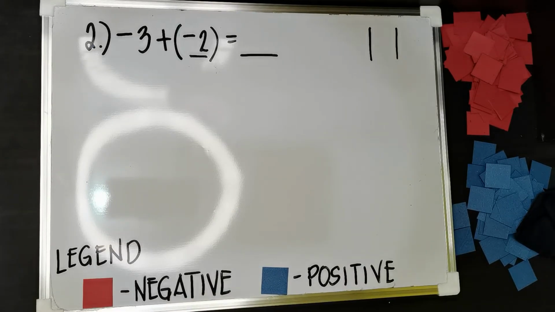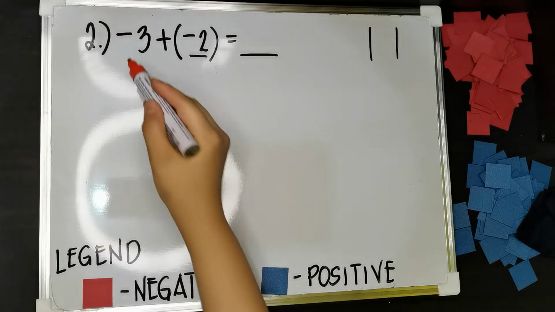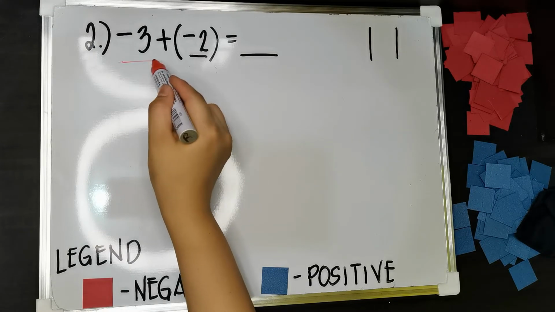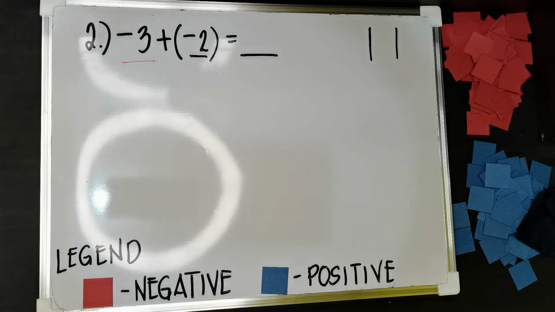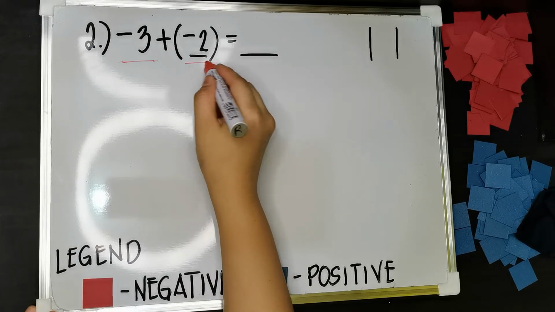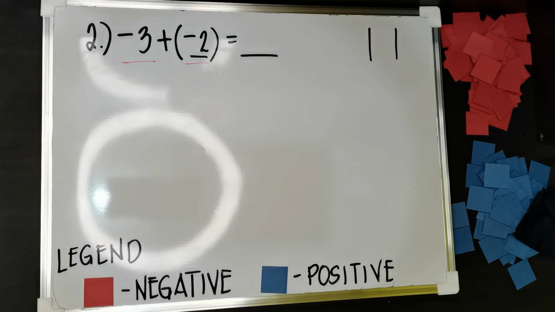First, sabi natin, identify the sign of this one. Okay? Itong number na to. Our 3 here is negative, and our 2 here is negative. So, let us use sign tiles. Now, for negative, I'm going to use red.